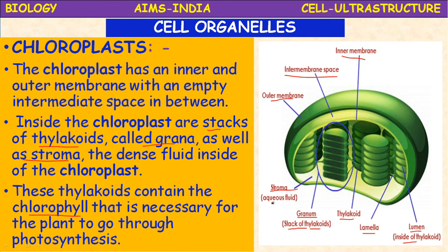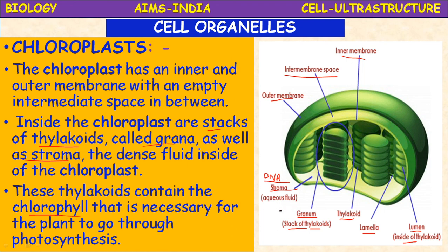This stroma region contains proteins, and even DNA is also present. Just like mitochondria possess DNA, other than the nucleus, DNA is present only in the mitochondria and chloroplast. It also contains ribosomes and proteins.